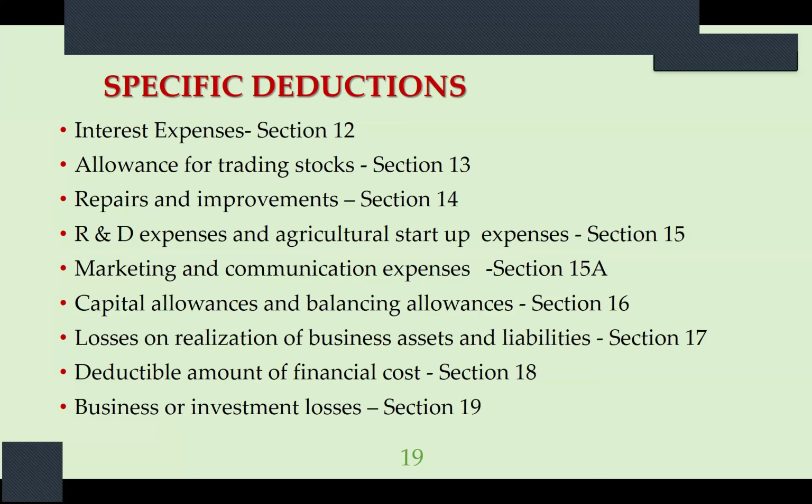The next example, the third one, repair and improvements. There is a specific deduction rule for repair and improvement. Suppose we have incurred some expenditure for repair of our machinery, our furniture and fittings, or our building. So we can think that expenditure was incurred in the production of income. Therefore, we can deduct that expenditure under section 11.